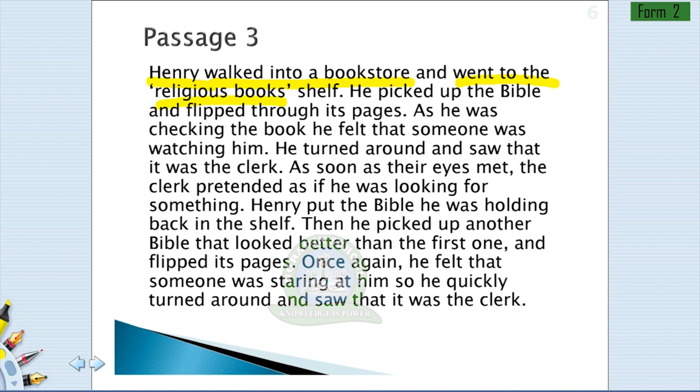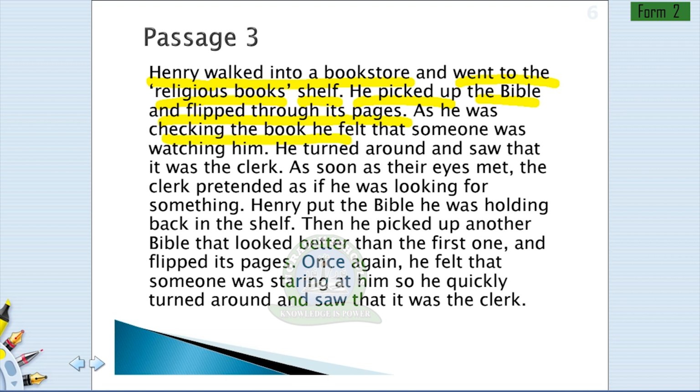Books are not the same. Maybe they are reading books, documentary books, or maybe religious books, and so on. He went to the religious bookshelf. He picked up the Bible, because it is a religious book, and flipped through its pages. That means he opened it.